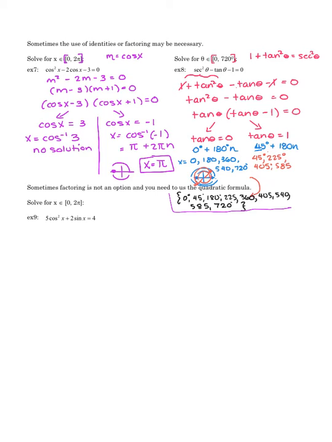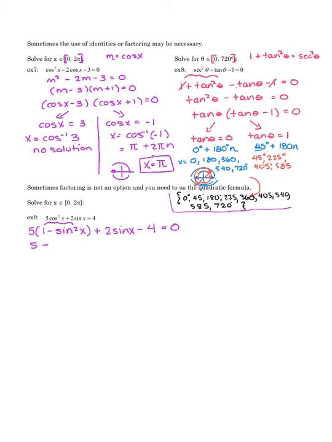So notice we have two different trig functions in this quadratic. You have a cosine squared and a sine, and like in the last problem, you always want to transform the squared term because you can use your Pythagorean identities. So cosine squared is going to be rewritten as 1 minus sine squared, and then we have plus 2 sine x minus 4, so we're going to set this all equal to 0.